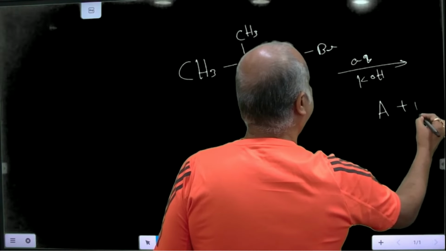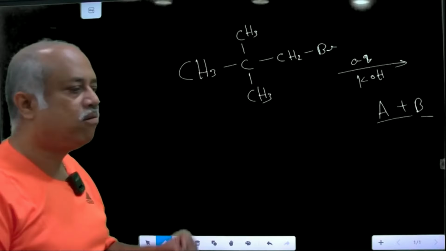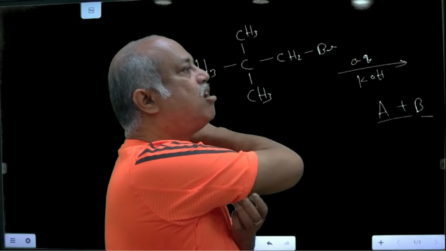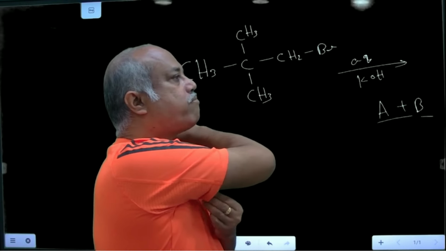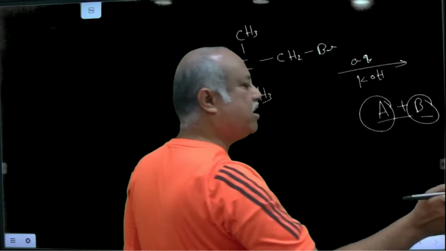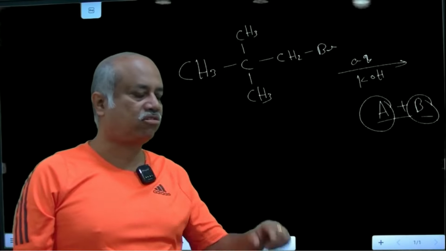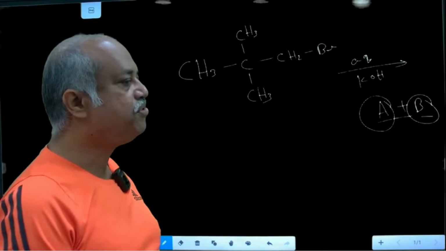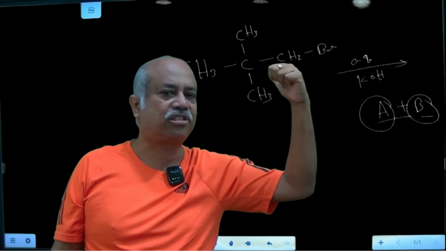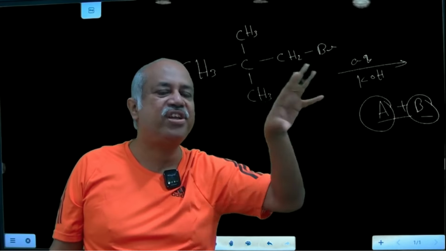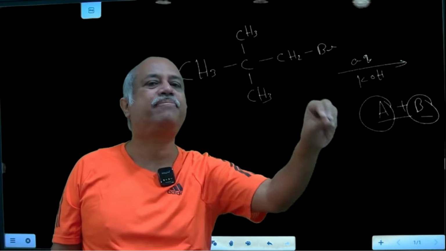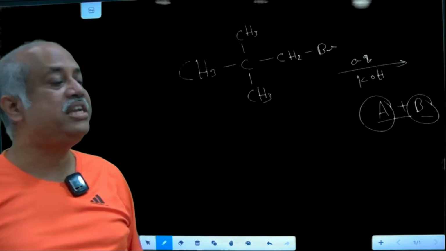A plus B, that means major and minor. That is the big part. I will give an example in that case. That is a rearrangement reaction.